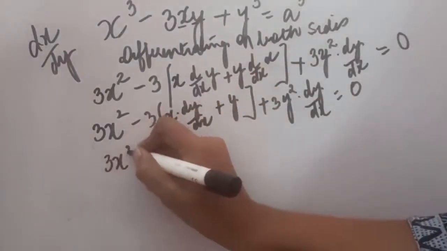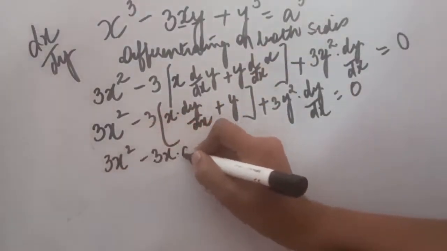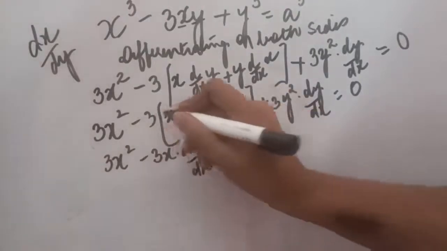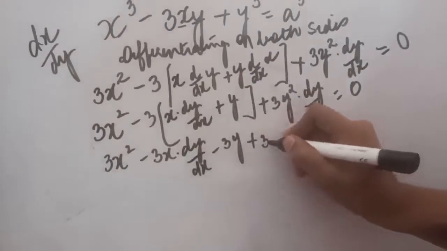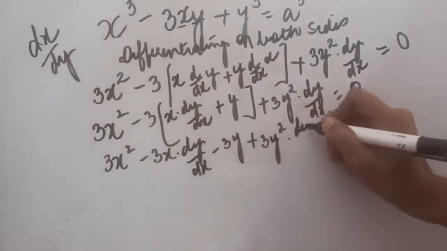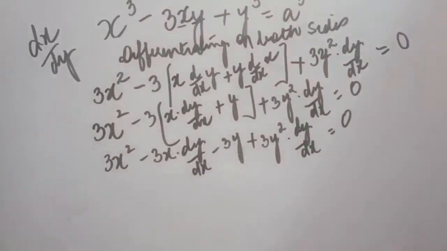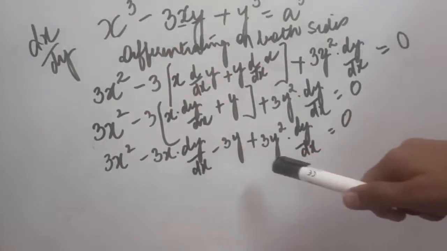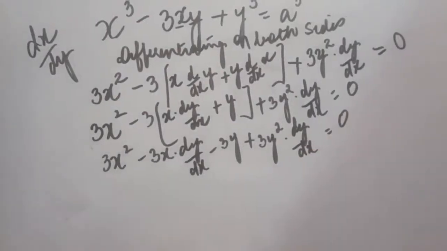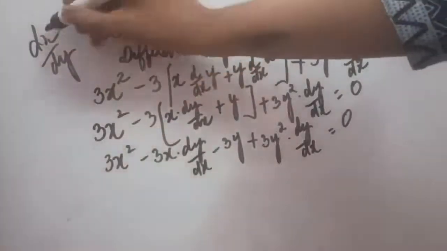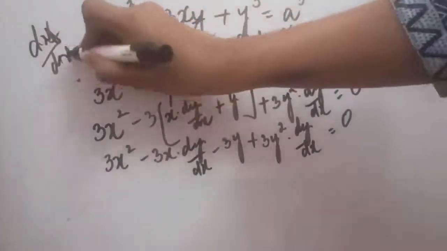It is 3x square minus 3x into dy upon dx minus 3y plus 3y square into dy upon dx is equal to 0. Now ultimately we have to reach the solution. So we will keep the terms where dy upon dx has been written on the left hand side. Here we have to find dy upon dx only.